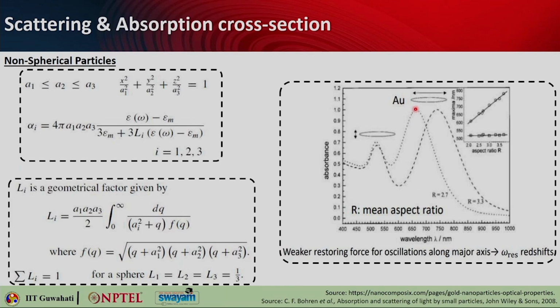This particular resonance peak corresponds to the surface plasmon resonance along the length of the nanorod, whereas this one is along the transverse direction. This is called the transverse dipolar resonance, and this is called the longitudinal dipolar resonance. When you increase the aspect ratio of the particle, you see that the transverse peak does not shift that significantly, whereas the peak of the longitudinal plasmon undergoes much more redshift.